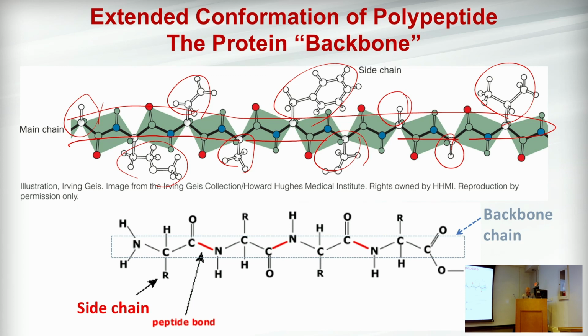And then just for some nomenclature, the first amino acid in any polypeptide chain is going to have this amino group, and the last amino acid in any polypeptide chain is going to have this carboxyl group.